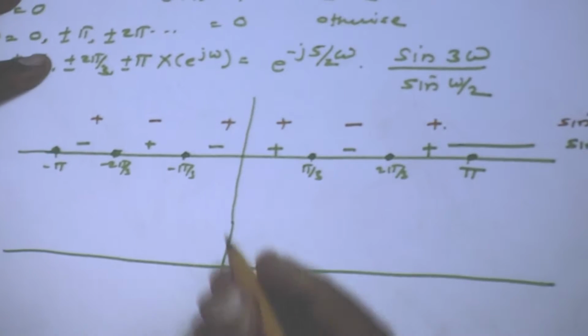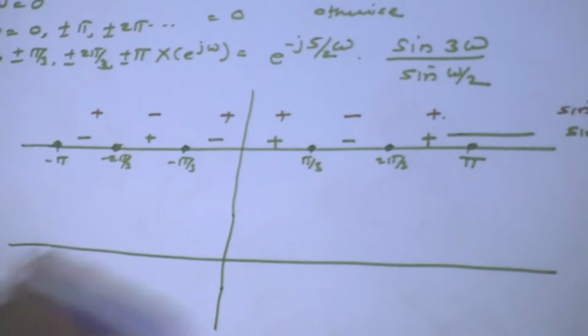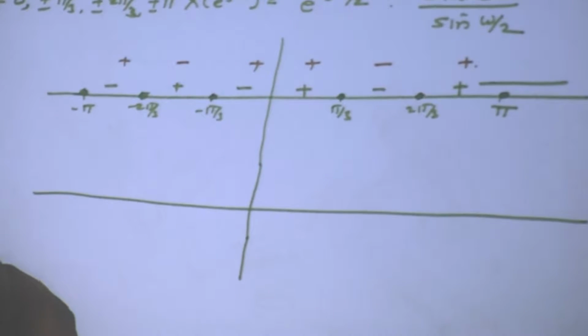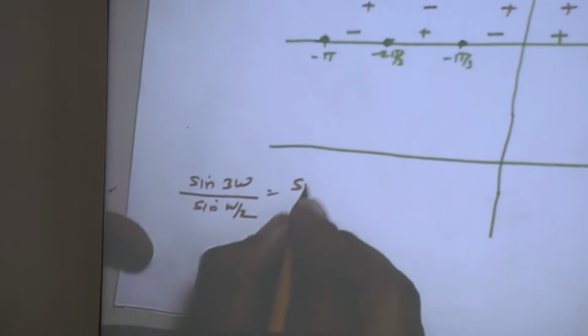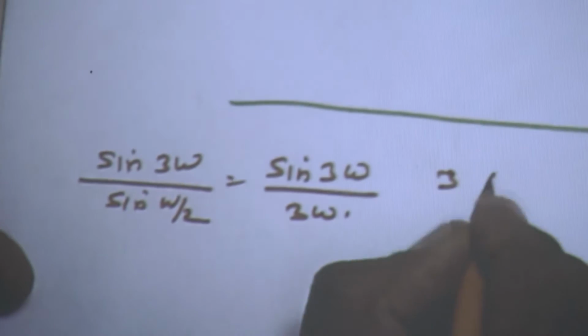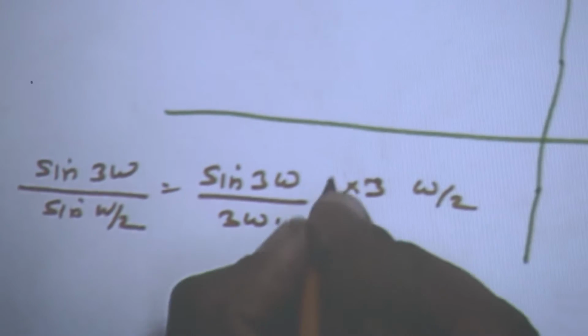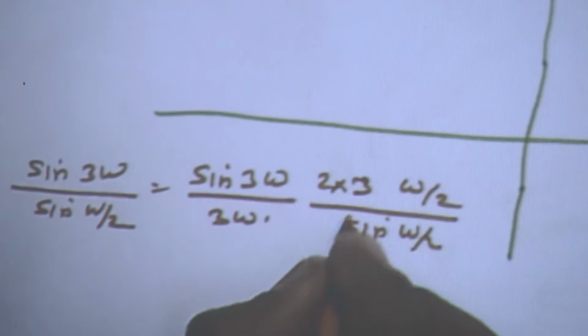Now you tell me what is the value at omega equal to 0. Sine of 3 omega by sine of omega by 2 is equal to sine of 3 omega by 3 omega, multiplied by 3 omega by 2 multiplied by 2, divided by sine of omega by 2.